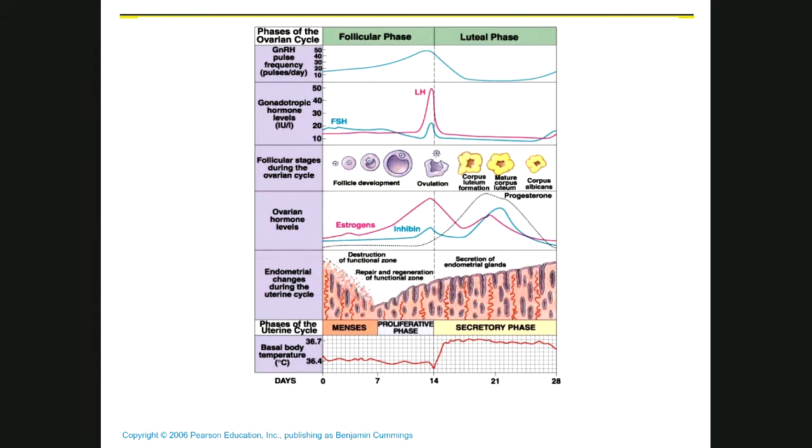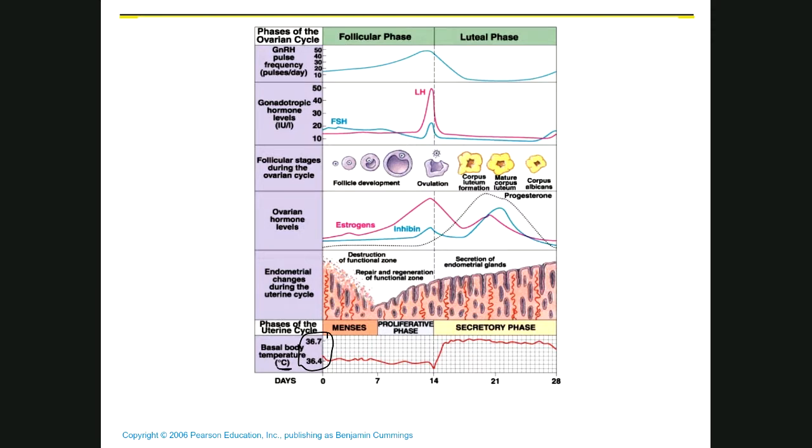Another thing that happens right here at ovulation is the female's body temperature changes. Look, you can see a jump in body temperature right here. Now, it's not a very big jump. Look, it only goes from 36.4 to 36.7 Celsius.